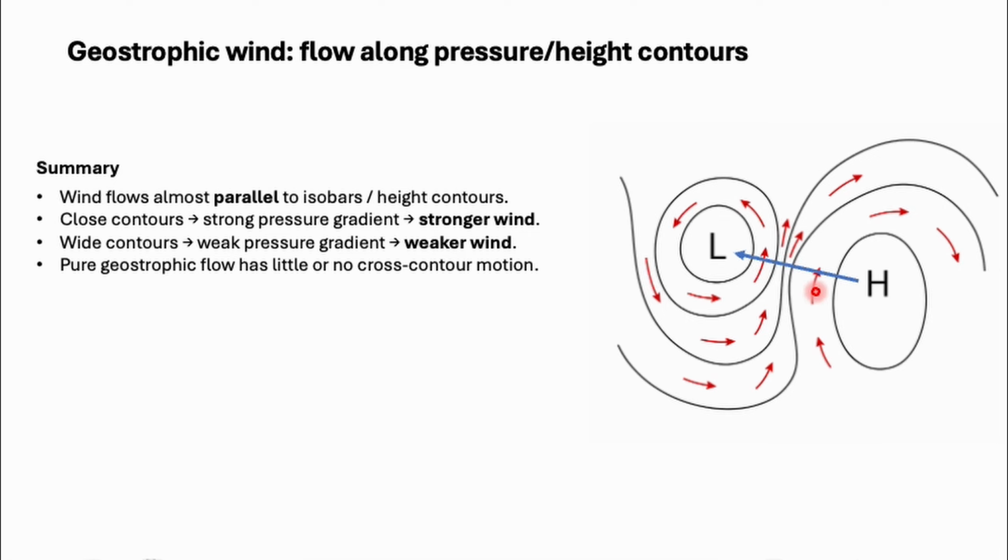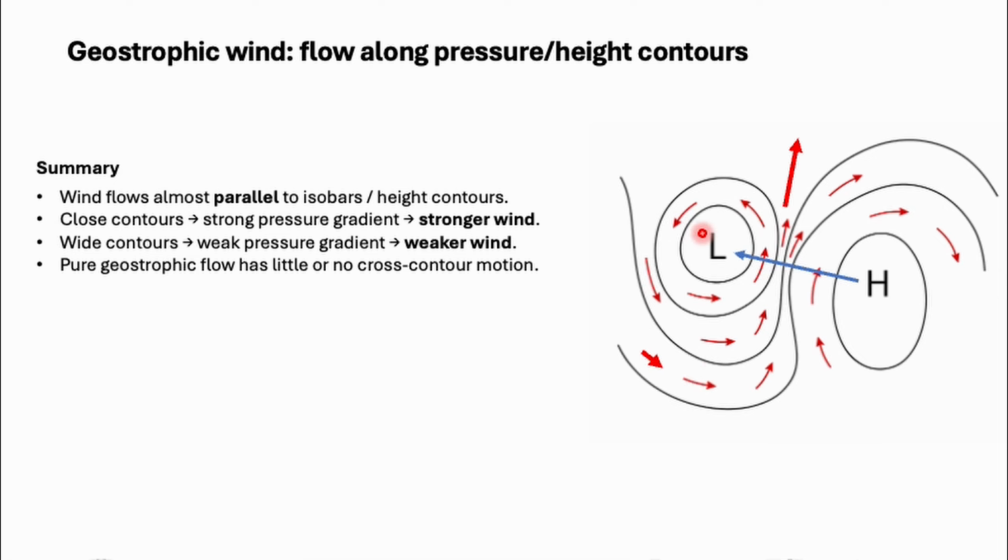Where the contours are closely spaced, the pressure gradient is stronger, and therefore the geostrophic wind is stronger. Where the contours are widely spaced, the pressure gradient is weaker and the corresponding geostrophic wind is weaker. But this idealized balance has an important consequence. Because there is little or no cross-contour motion, horizontal convergence and divergence become very weak.